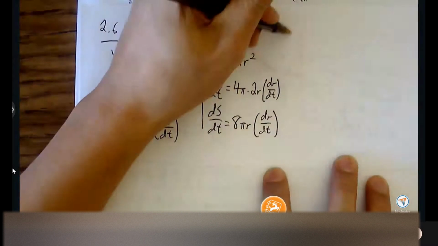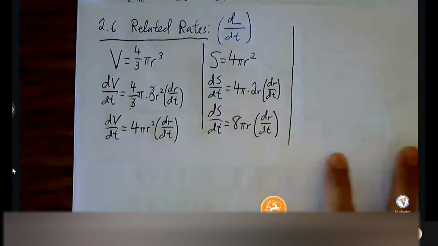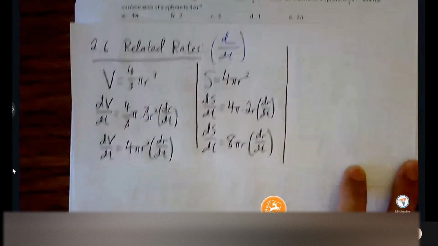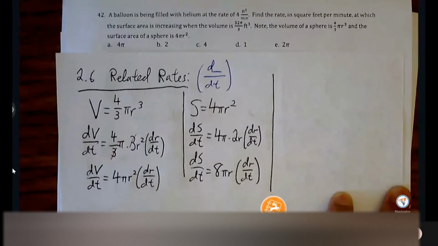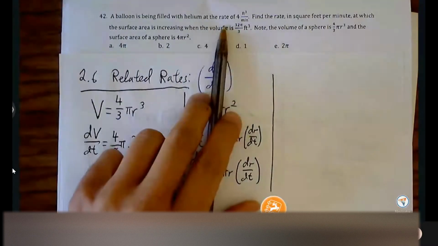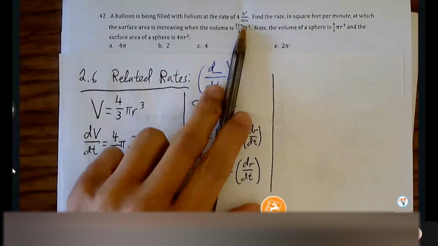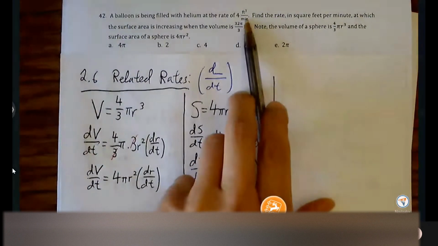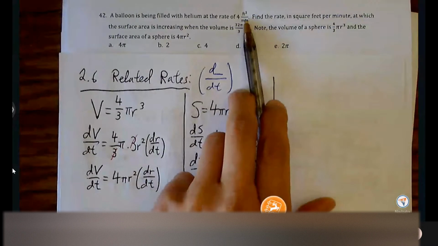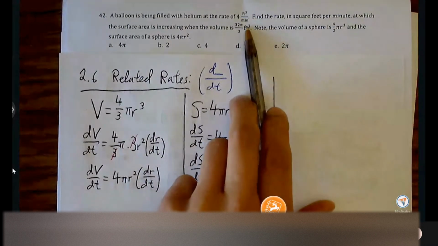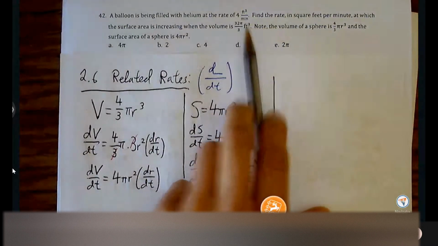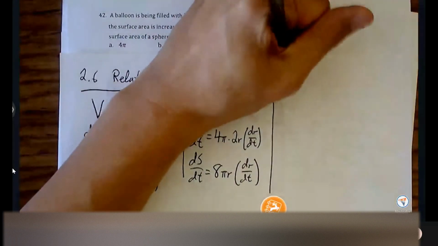Okay, so let's go back and read the problem and see what information we can gather. Okay, so a balloon is being filled with helium at a rate of 4 cubic feet per minute. So what's going to hold that information? Okay, so cubic feet, we know that's volume related, but then there's minutes, so dV/dt.